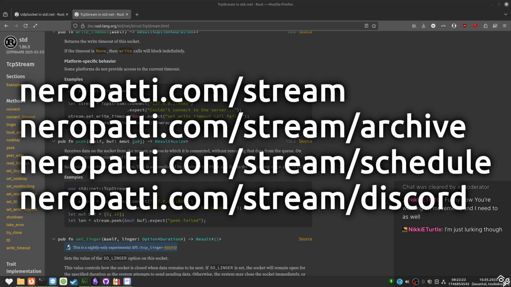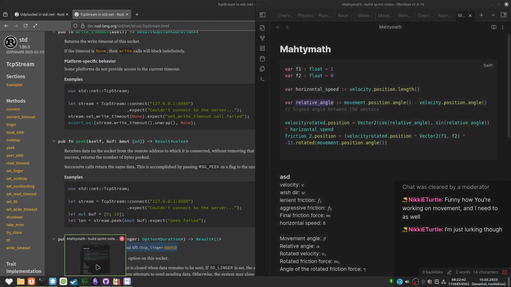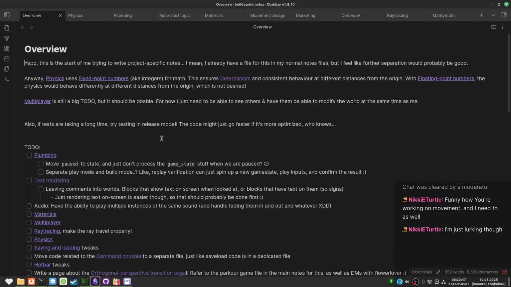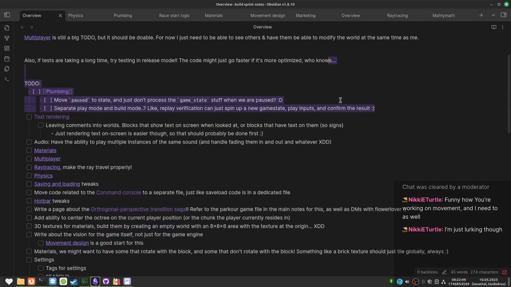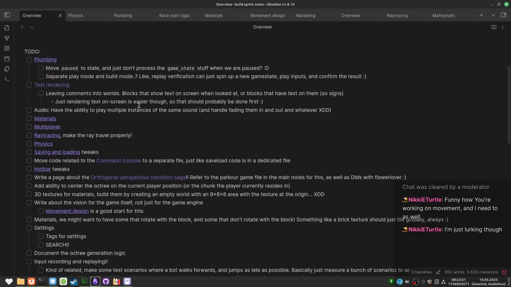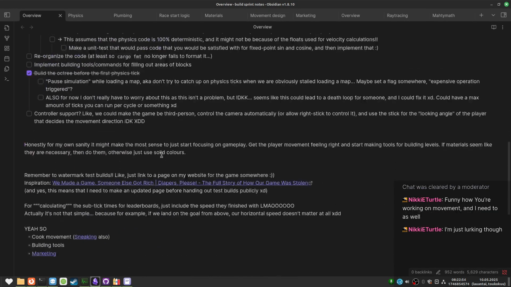And yeah, I'm probably gonna put a page on my website soon with information about this game. Once I get the friction to feel nice, I think. Well, let me actually check. I can remove that. I need to also clean up these notes.